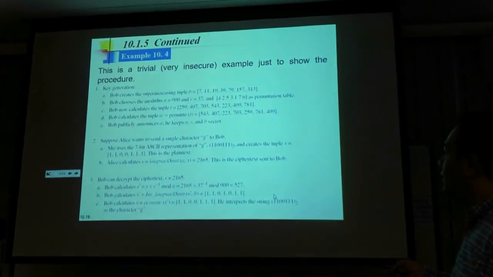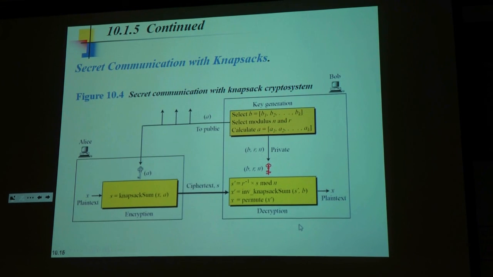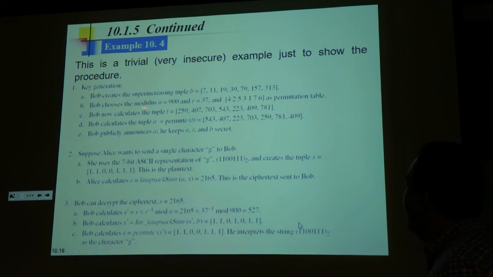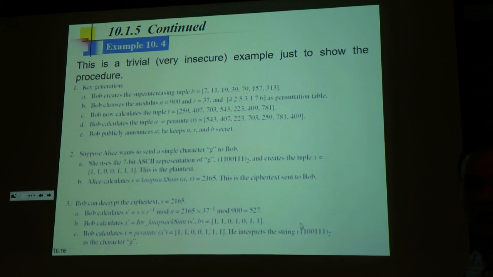So in here, let's talk about the key generation. For key generation, Bob creates the super increasing tuple B: 7, 11, 19, 39, 79, 157, 313. So that's super increasing. That's step number 1.